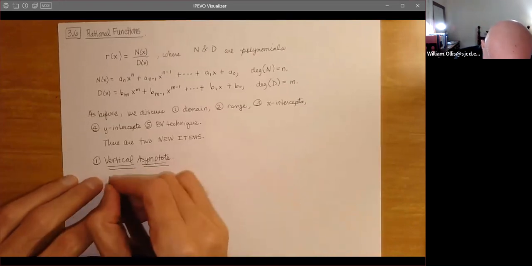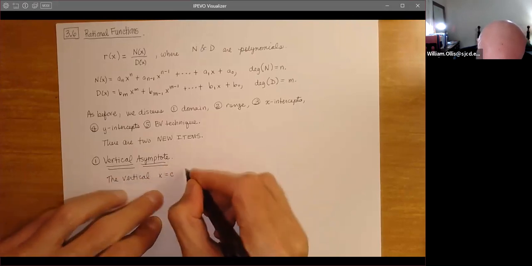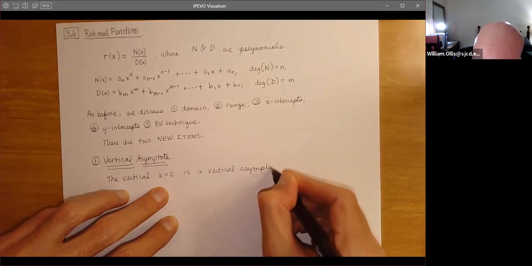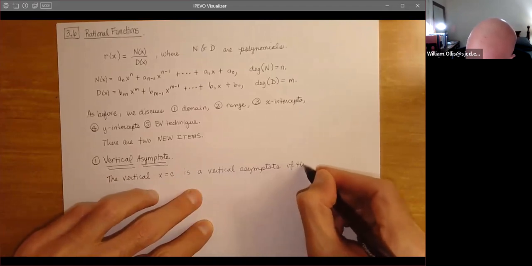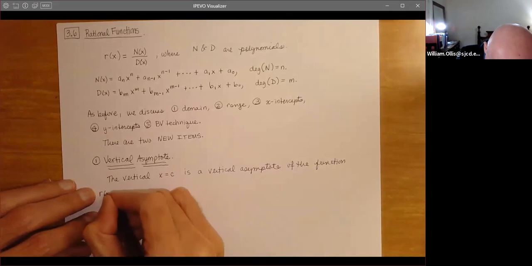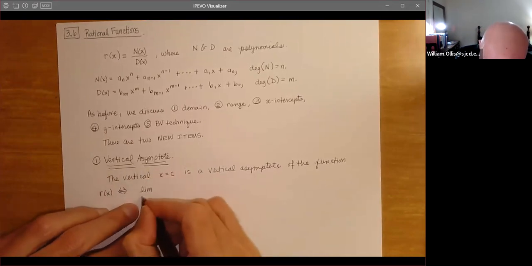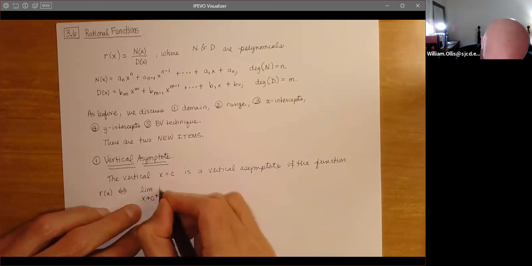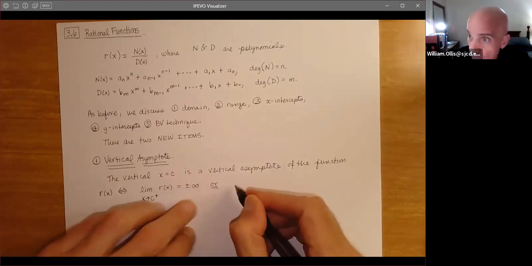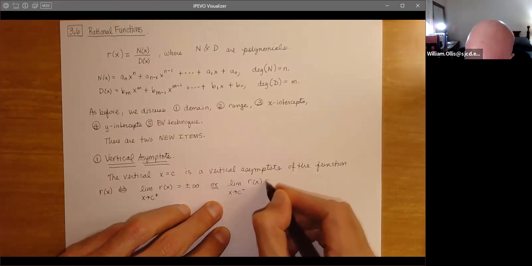So we would say the following. The vertical line x equals c is a vertical asymptote of the function, and in this case, we're talking about the rational function r of x, if and only if, and this is important, the limit as x approaches c from the right of r of x equals plus or minus infinity, or, and this is an inclusive or, it could be both, and it usually is, the limit as x approaches c from the left of r of x yields plus or minus infinity.